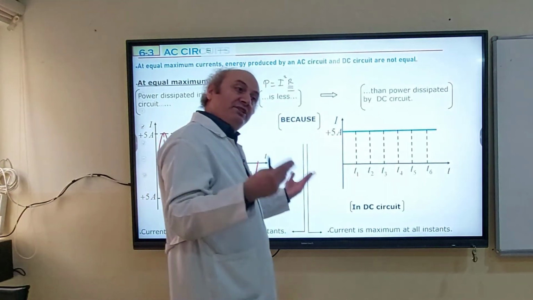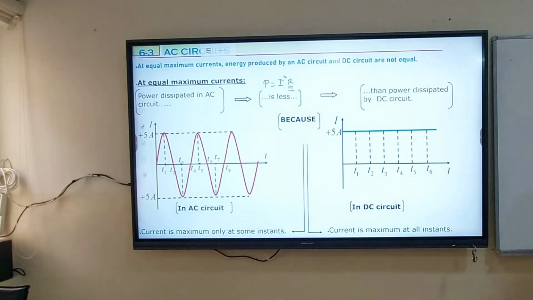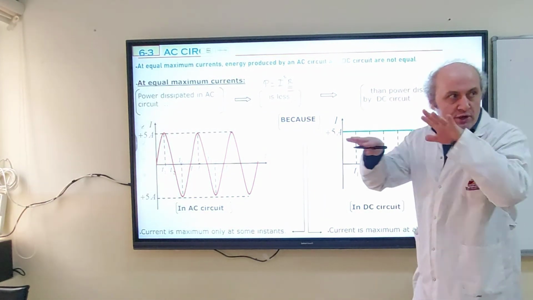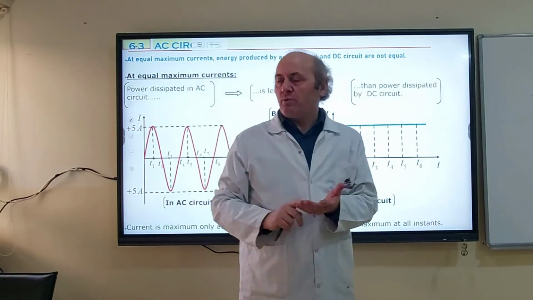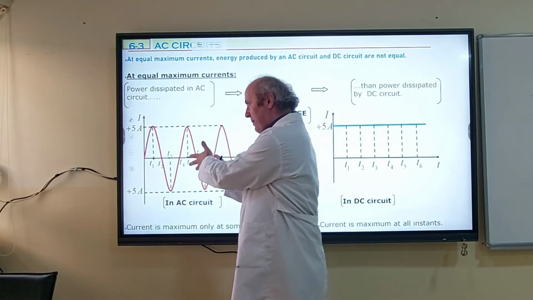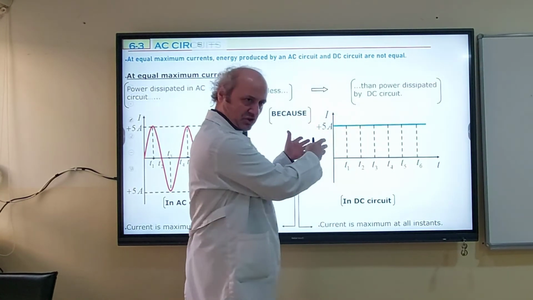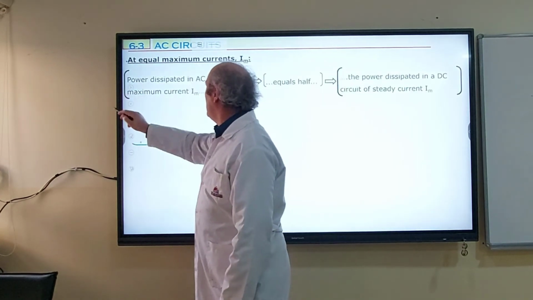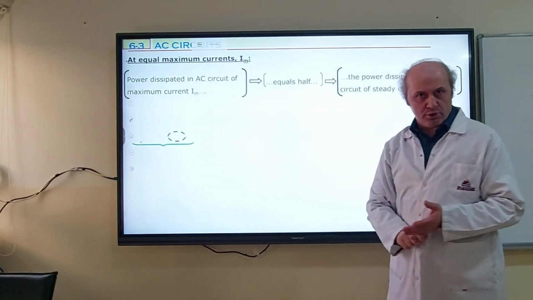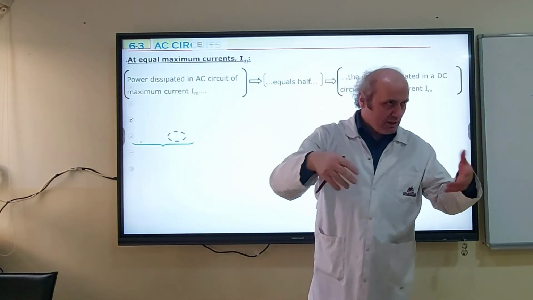Or an AC circuit will have less power than a DC circuit if we keep their maximum currents the same. But how much smaller is the power of an AC circuit than the power of a DC circuit? It is half.